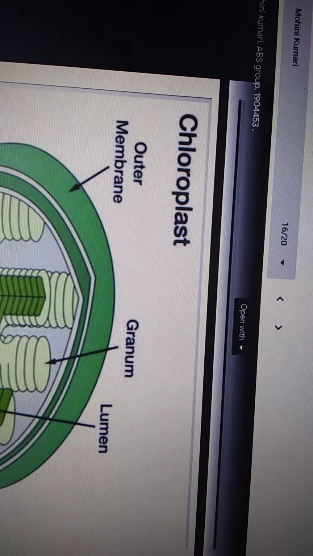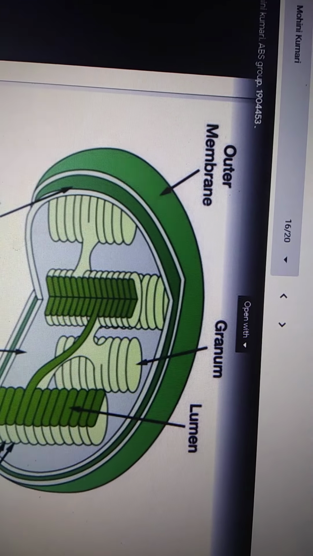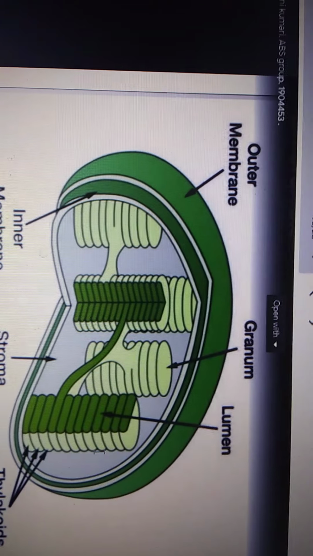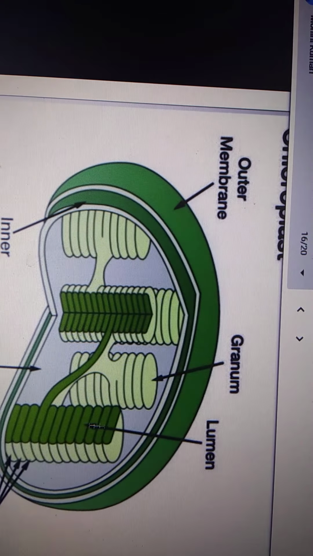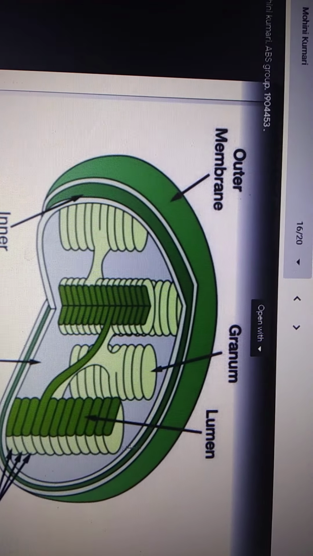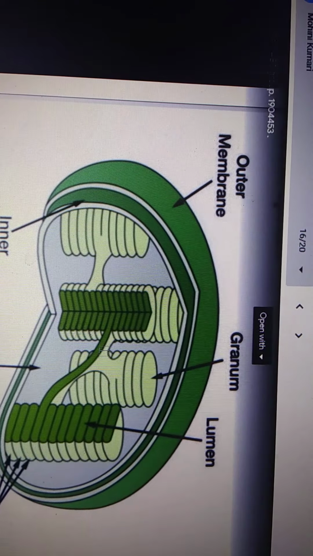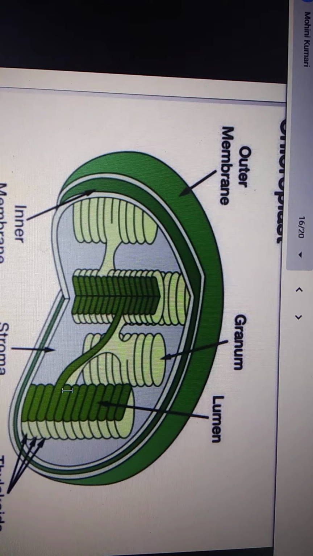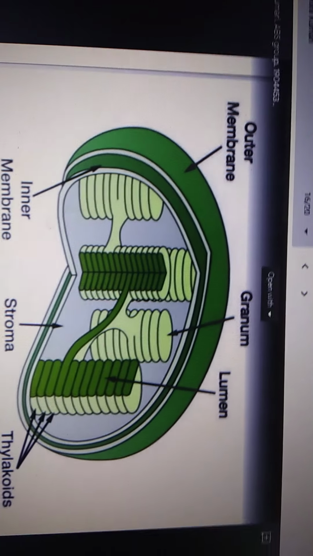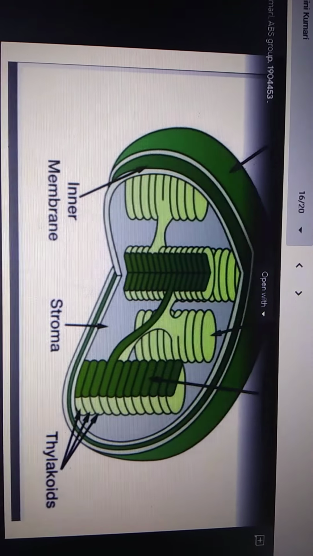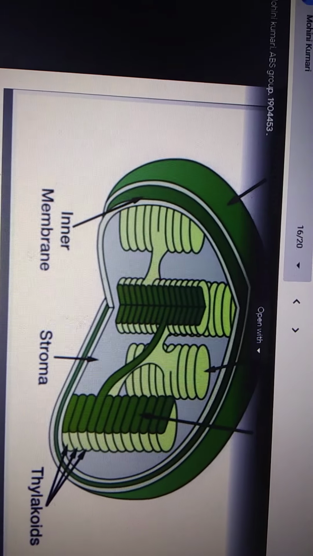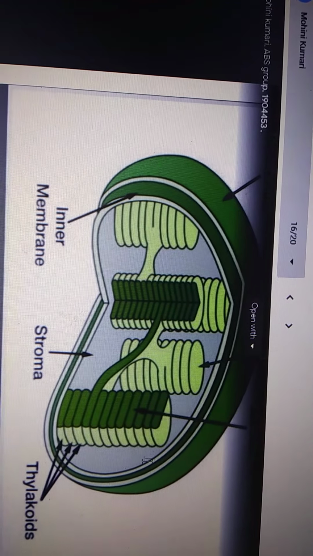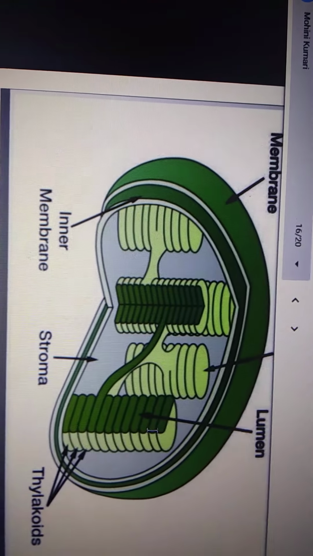So there are lamellar thylakoids and interlamellar thylakoids. As you can see in this picture, these are the grana, stacks of thylakoids, interconnected through intergranal lamellae, and the cavity inside the thylakoids is called lumen.